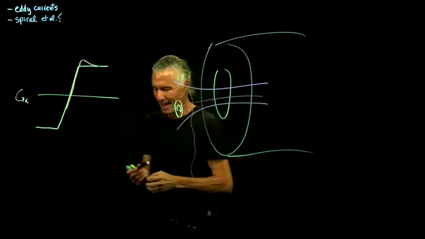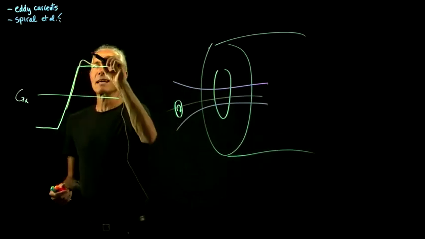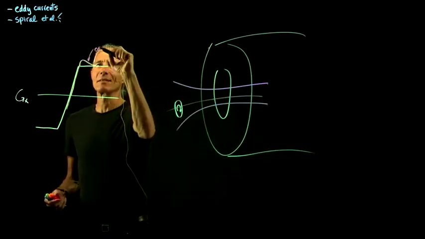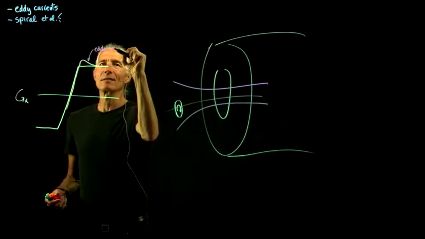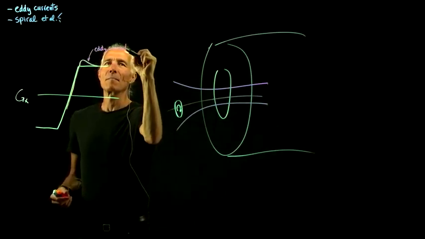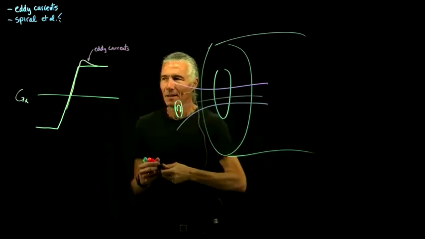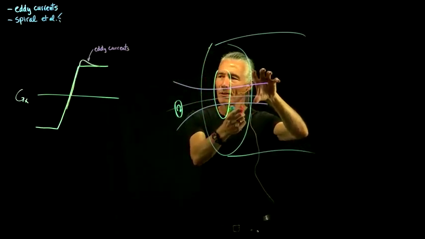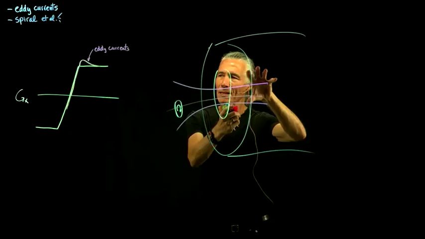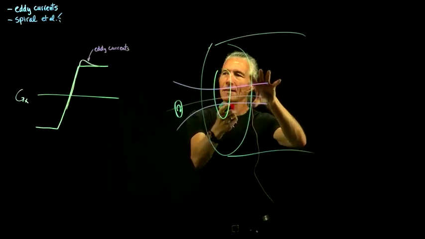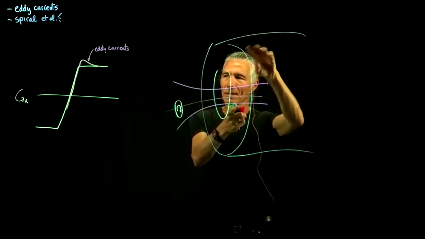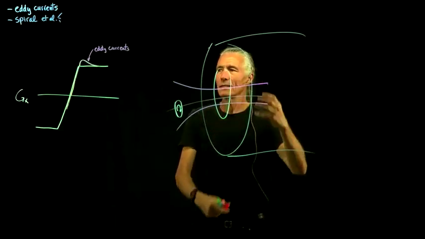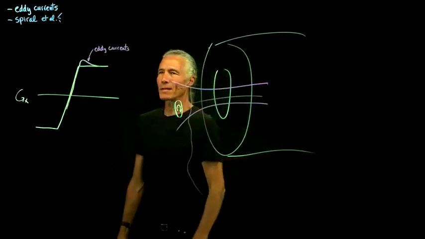What's causing that? The eddy currents. They come from putting current into the gradient coils, creating a magnetic field, and then that magnetic field changing relative to the charges in the steel of the magnet.